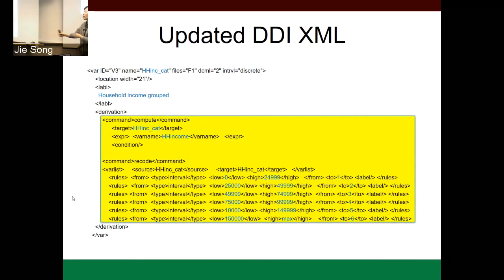So then after that, we'll update the original metadata with our transformation information. This is the part that involves our documentation called derivation. So how we derive this variable is encoded in this format.